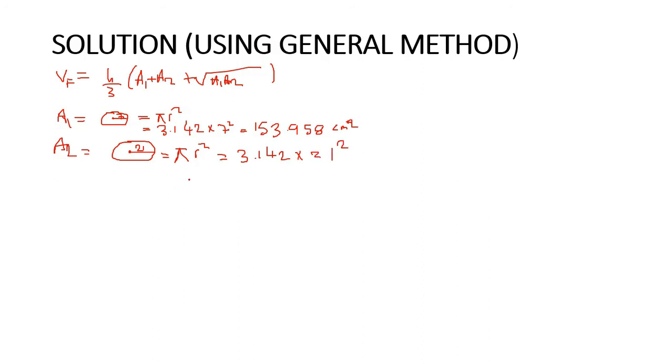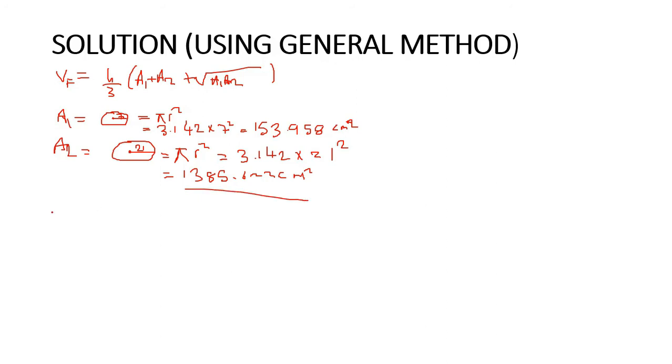This will give us an answer of 1385.622 centimeter squared as well. Make sure you punch correctly on the calculator. So this is centimeter squared, and you have found your A2.